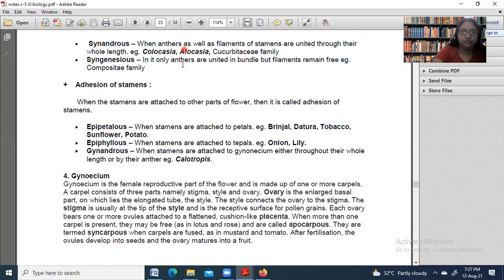If you look into the structure of gynoecium, you can see the upper part stigma, then style, and then you see the swollen basal part which is known as ovary. Now inside ovary there are chambers where ovules are there.